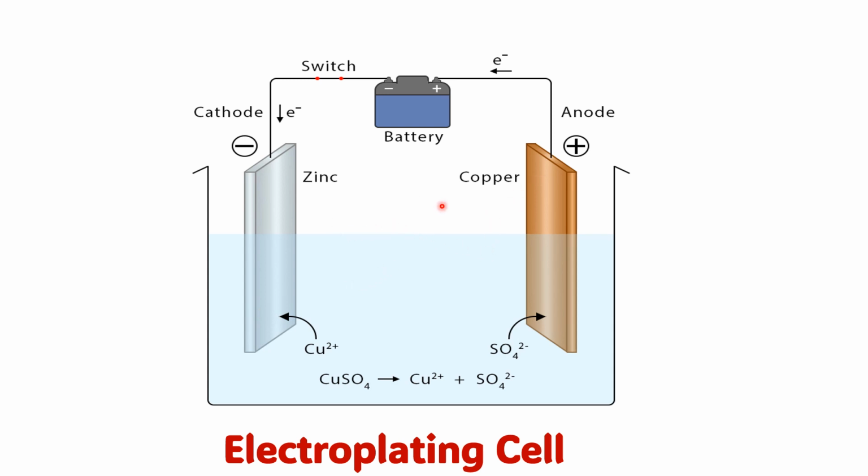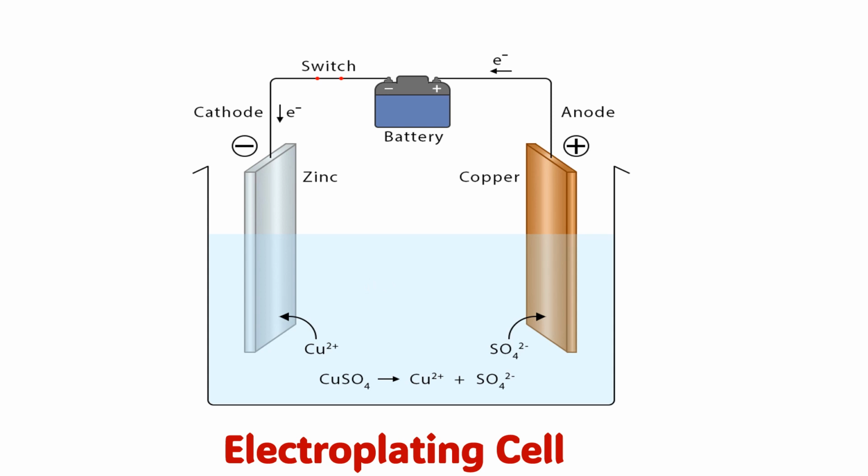But in order to deposit copper on the surface of zinc, we need to use an external power supply, which will basically force the copper ion to deposit on the surface of the zinc metal.